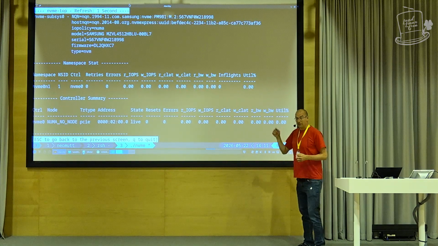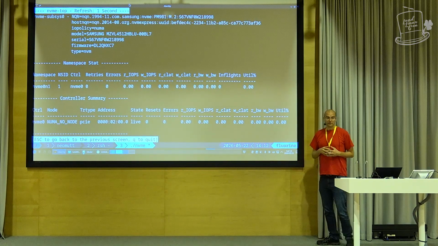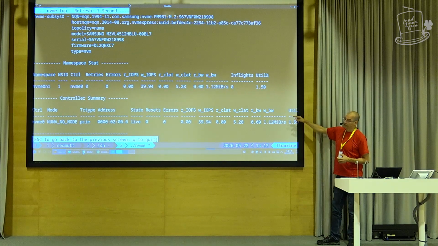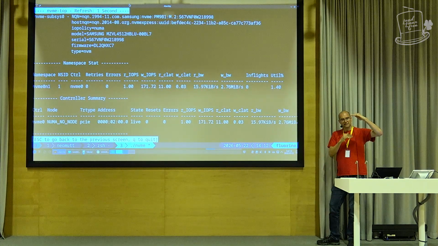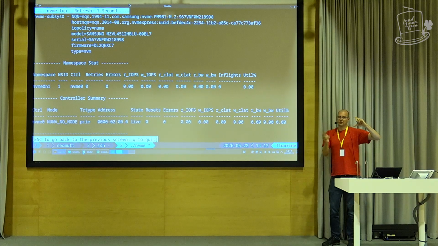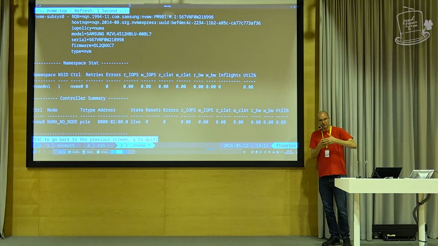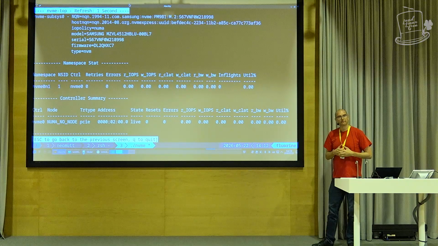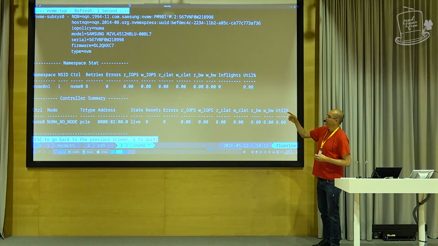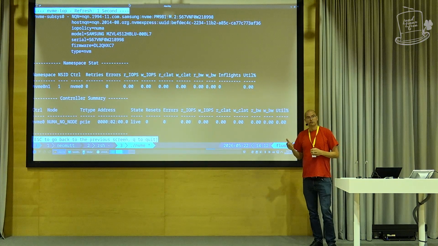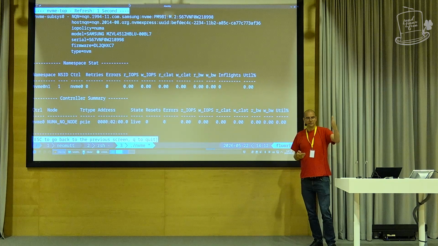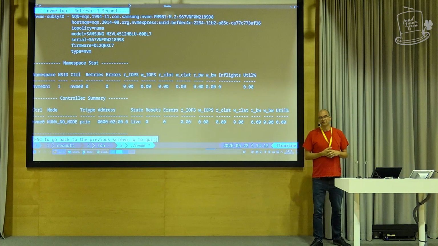The interesting part is actually if we have a multipath setup, then you would see on the controller side the different paths at the same time. You see, for example, which path uses more bandwidth, if you have imbalance, or you use an I/O scheduler which, for example, just uses one path instead of several.